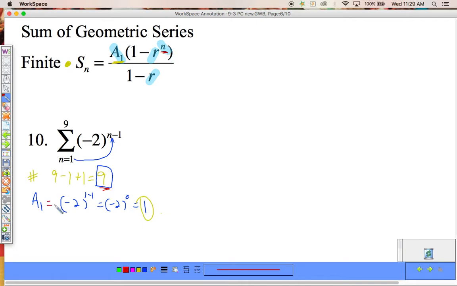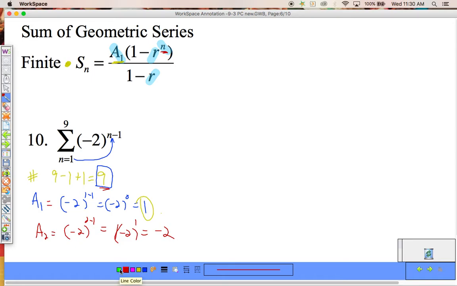Now we need to get a ratio. Without looking at this, we can't get a ratio. So what I'm going to do is find my next term. I'm going to plug in 2. And I get negative 2 raised to the 2 minus 1, which is negative 2 to the first, which is negative 2.